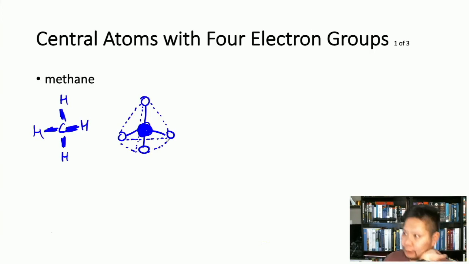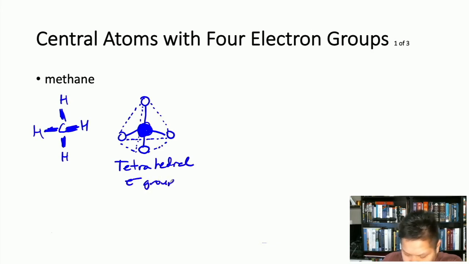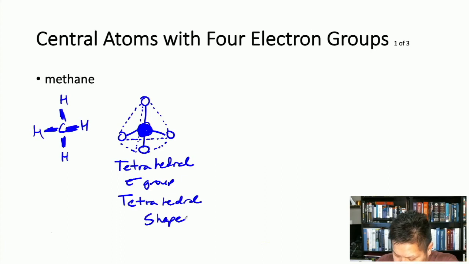Now they're as far apart as possible and they follow VSEPR theory, right? This is known as a tetrahedral electron group. It's a tetrahedral electron group. And it's also a tetrahedral shape. Right? And it's important to note that the angle between these bonds is 109 degrees. Right? 109 degrees.